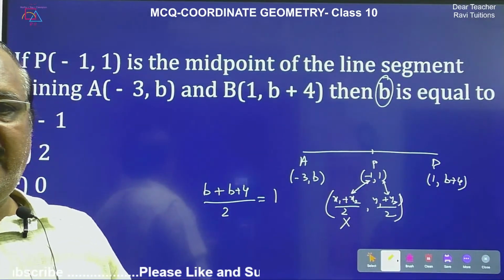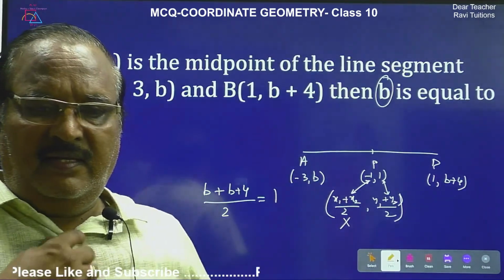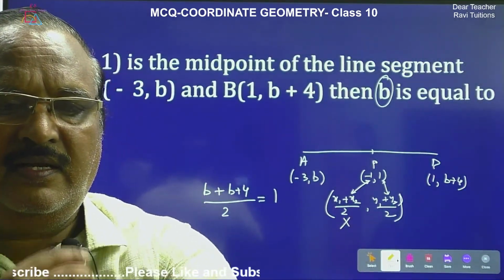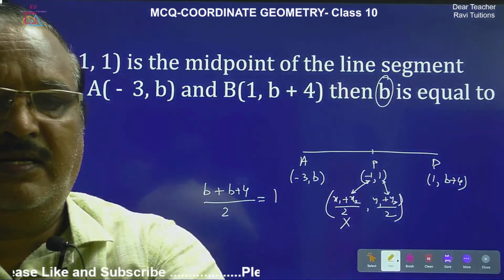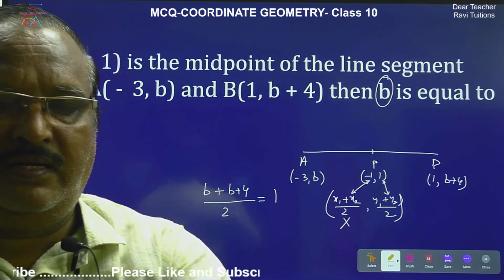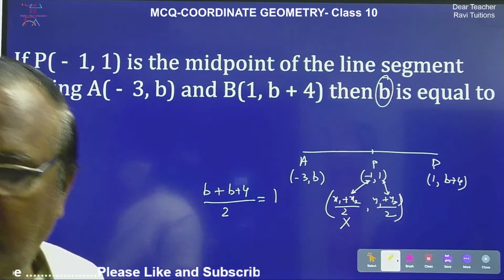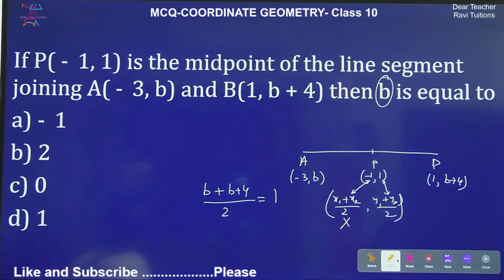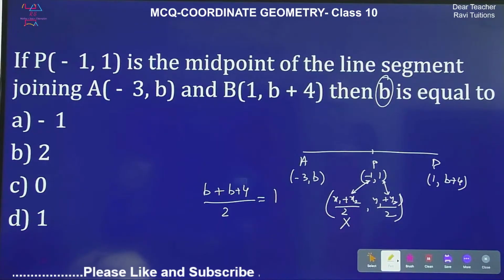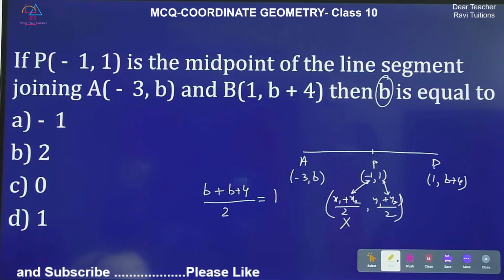No B. Don't do this. You don't need to do this. Do this. Y1 plus y2. Y1 is B plus y2 is B plus 4 by 2, which is equal to 1.